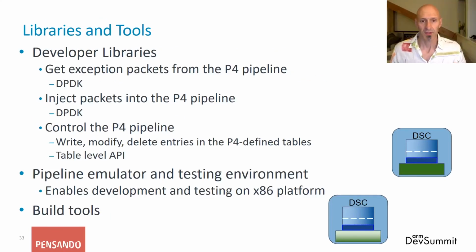Let's now see what are the tools that we make available for developers who want to write their software to run on the ARM cores on the DSC. So first of all, we provide a set of libraries that can be used, for example, to receive exception packets that are punted to the ARM core from the programmable pipelines, and this is based on the PDK.